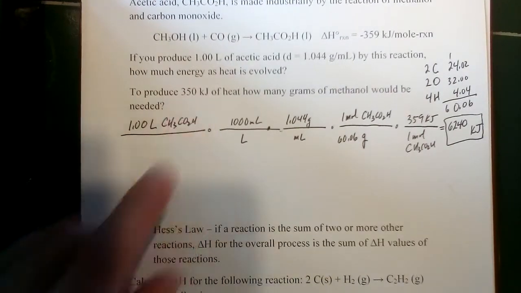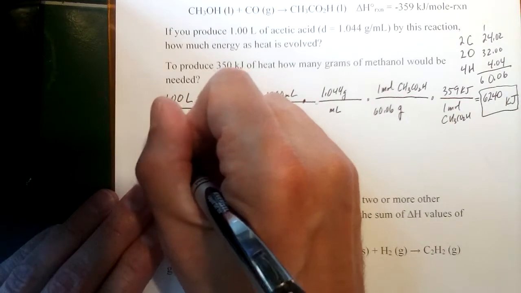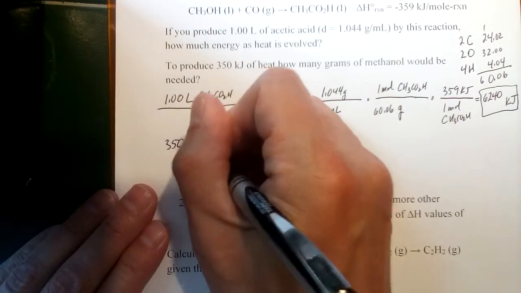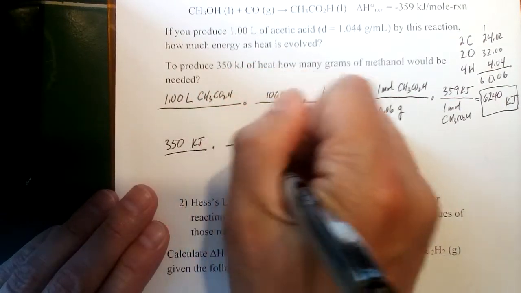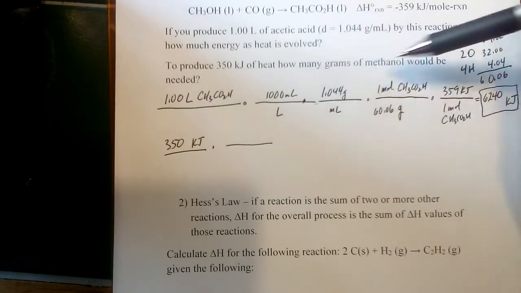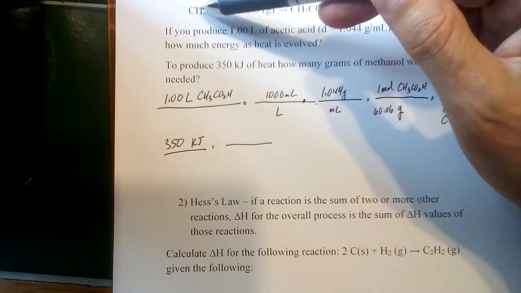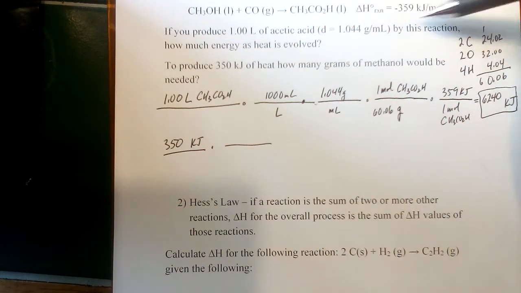So in this case, the information we're given is the quantity of heat we're trying to produce. So we would start with that, 350 kilojoules. Now the kilojoules does give us how we can relate to the enthalpy. So we're talking about methanol, that's CH3OH. 1 mole of methanol reacts, and this reaction would produce 359 kilojoules of heat.